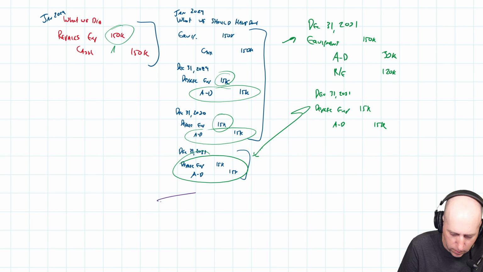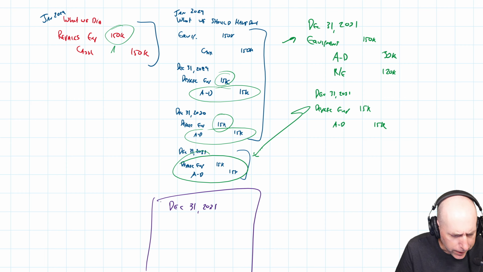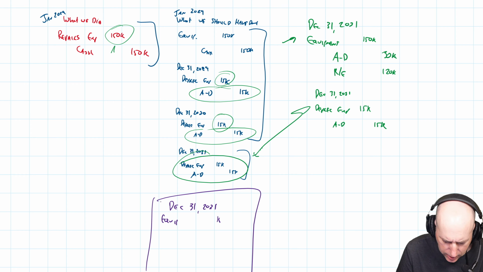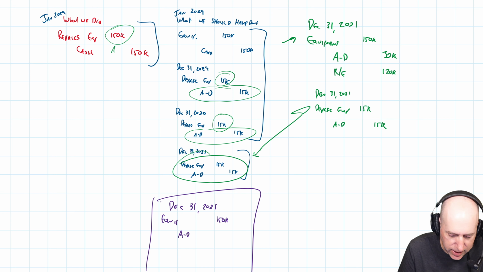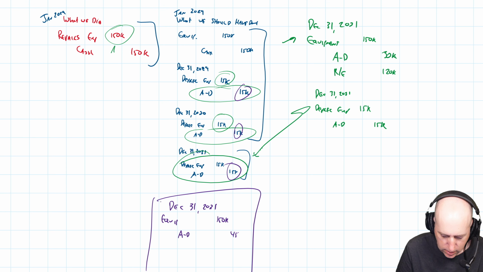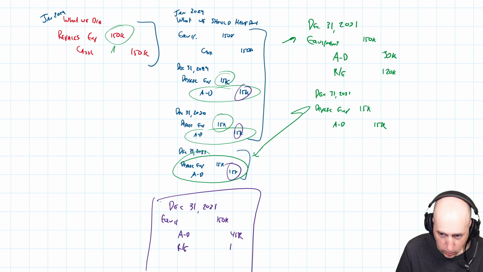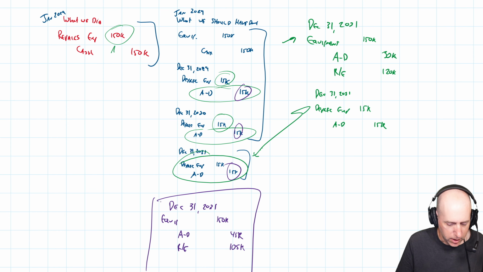So we basically are doing the same correction entry, December 31st, 2031. We want to put equipment on the books, debit equipment for $150K. We want to put AD on the books. Now our new AD that we want to put on the books, because the year's closed, is $45K. It's those three. And the balance goes to retained earnings. Retained earnings for $105K, and I think we're all set.